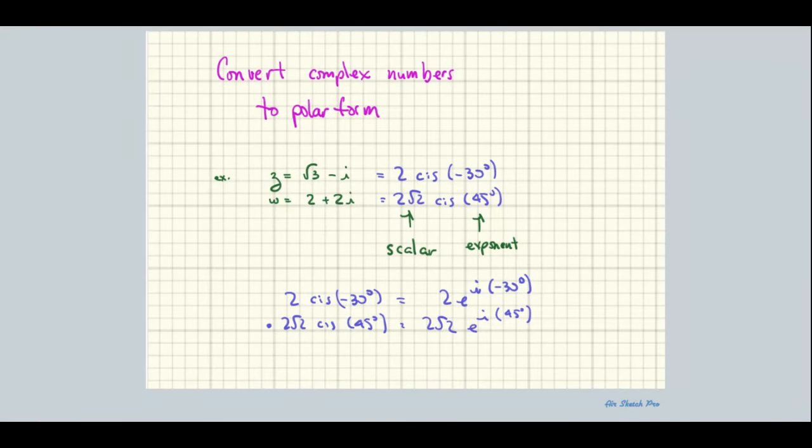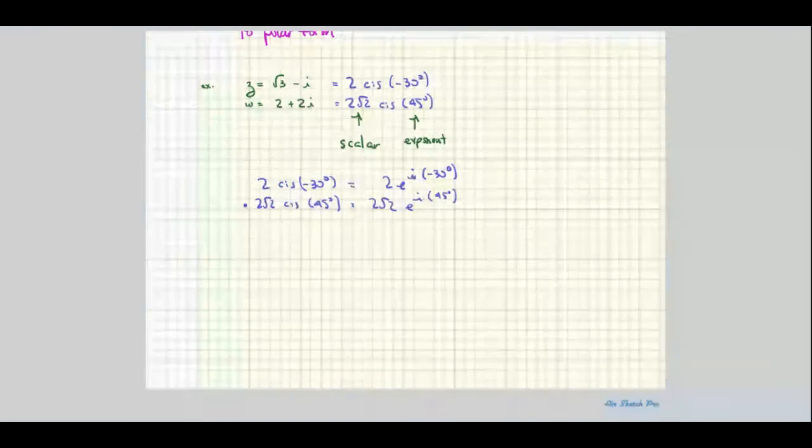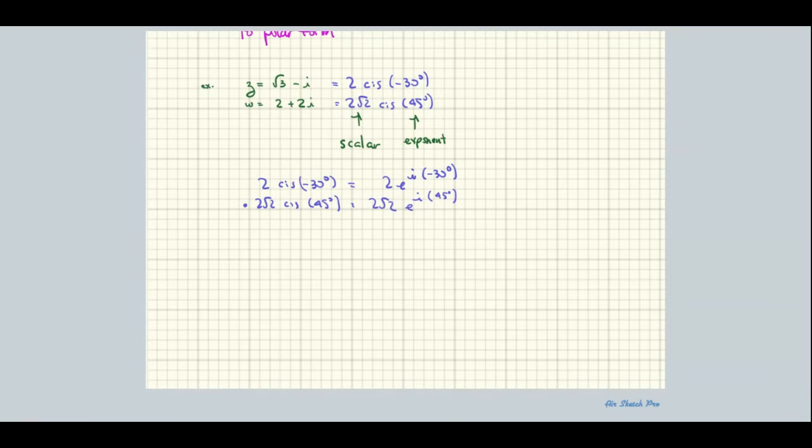We just add them. That's right, Ryan. So let's do that. So here's where we're at. We're looking at 2 negative 30 times 2 root 2, 45.